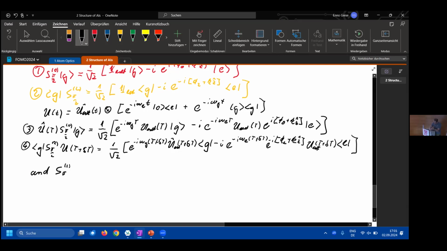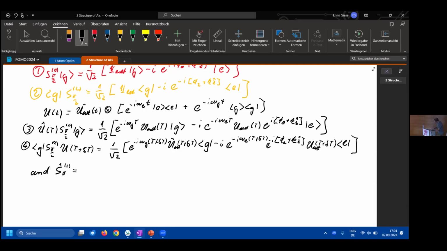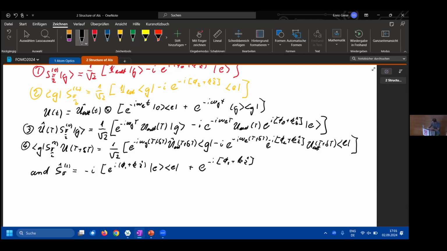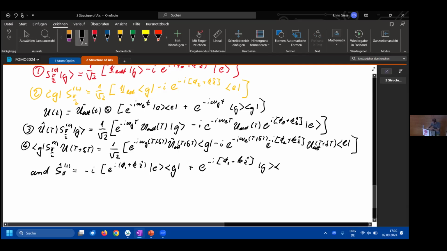The pi pulse 1 is equal to minus i times e to the i phi 1 plus kz times the transition from the ground to the excited state, plus e to the minus i phi 1 plus kz times, sorry, of course, going from the excited state to the ground state, the inverse process.